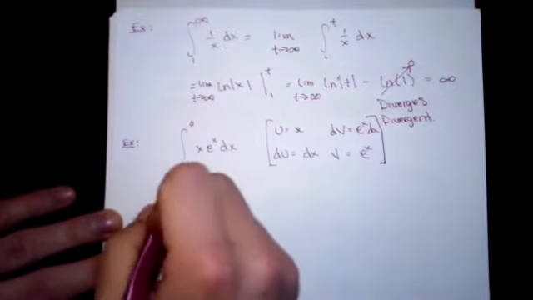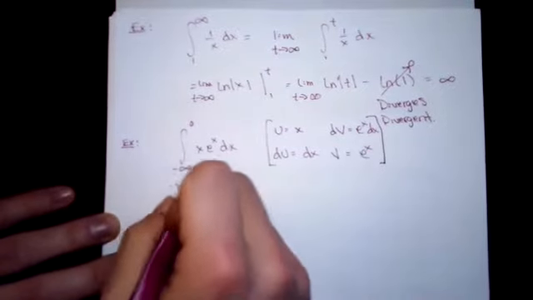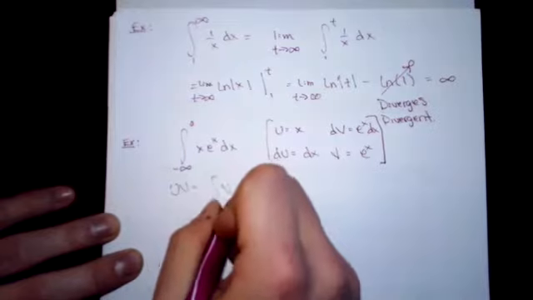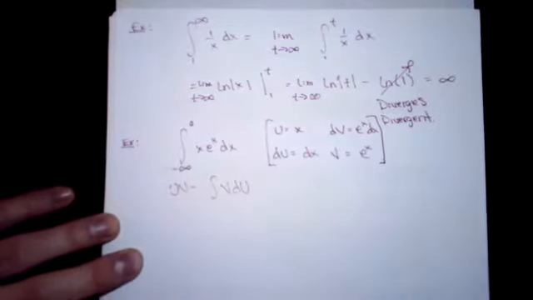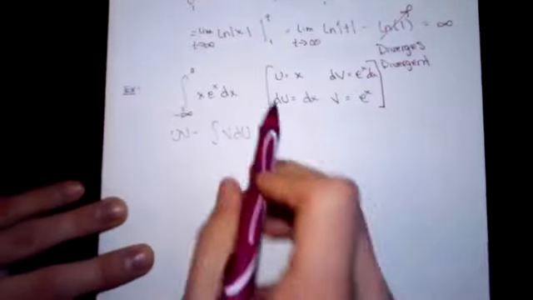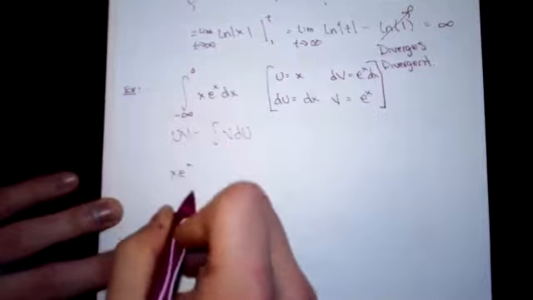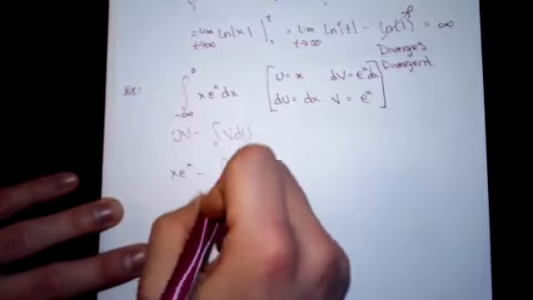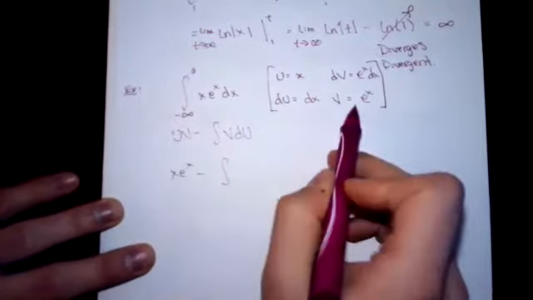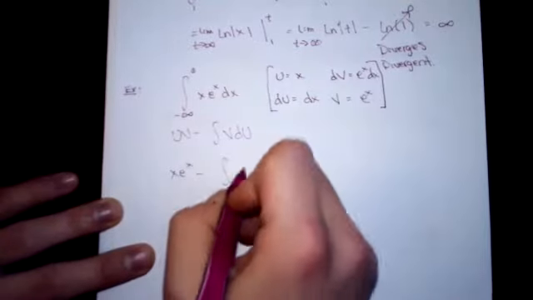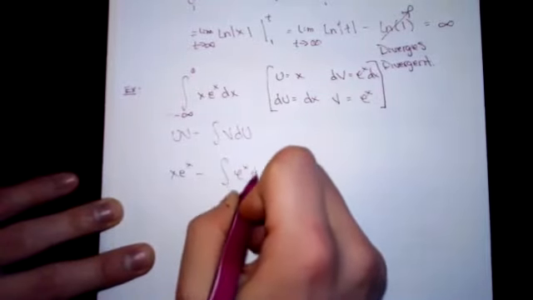We plug those in our formula, so our uv minus the integral of v du. And our integral is going to become x e to the x minus the integral of e to the x dx.